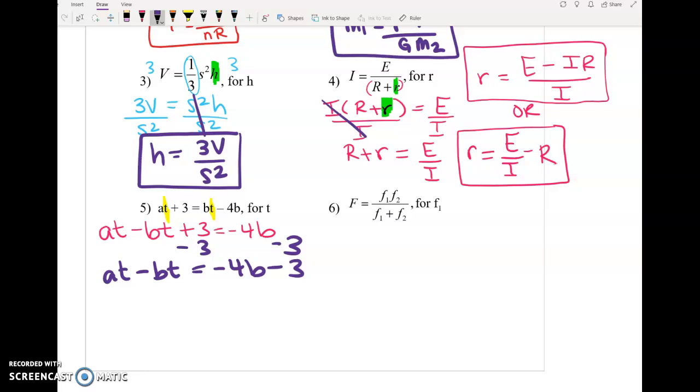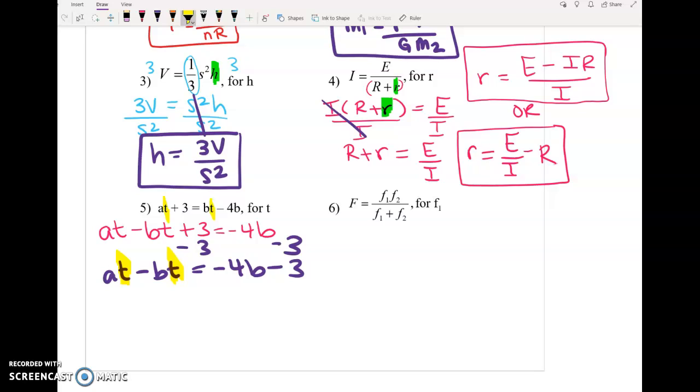Now, 2 terms on the left have t in them, this one and this one. What operation would allow you to take t out of both of those terms? Think about which property allowed you to have t being multiplied to multiple terms.